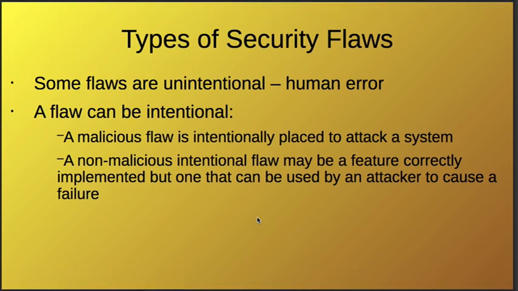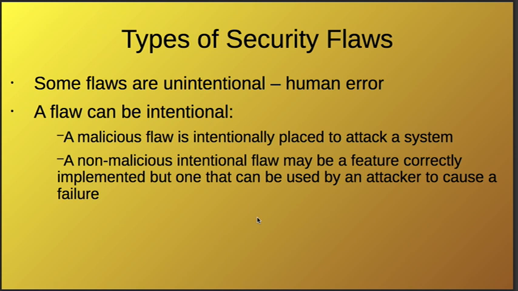Some flaws are unintentional, or human errors, and now we're talking about security flaws. So it's possible that a human makes a mistake unintentionally, and then you end up with a flaw.